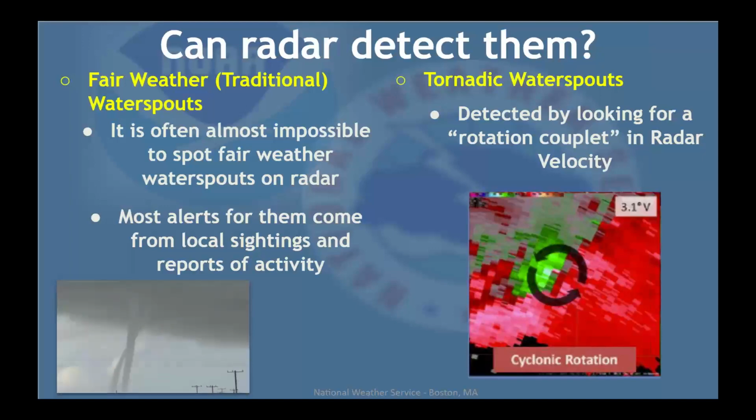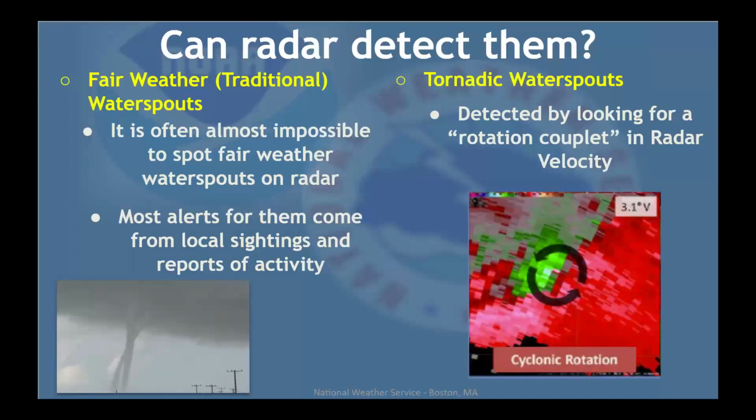So it's really difficult to detect those. Most times when we can put out any sort of warning about those, it's because we've heard an alert from local sightings or gotten a visual report of a waterspout.